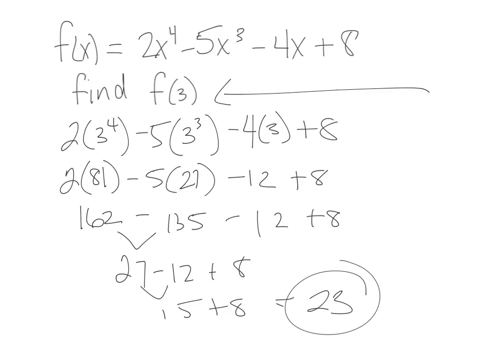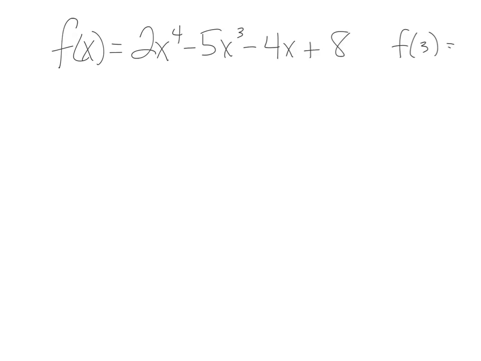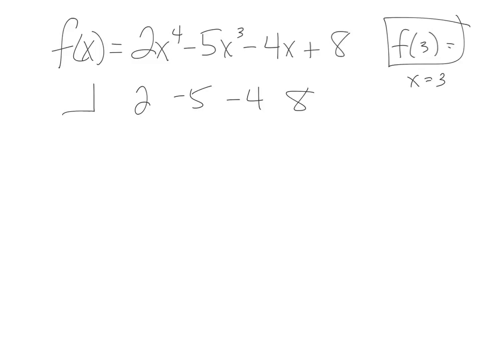Okay? Well, there's a different way to do it, and it's called synthetic substitution. So let's see if we can do that. In synthetic substitution, what we do is we just take the coefficients from the polynomial, we write them right here, and we make a little box over here, and we say, okay, if I want to find f of 3, that's saying that x equals 3, correct?